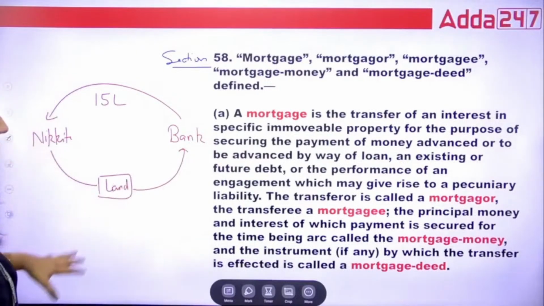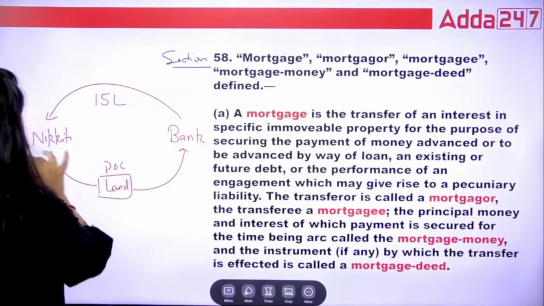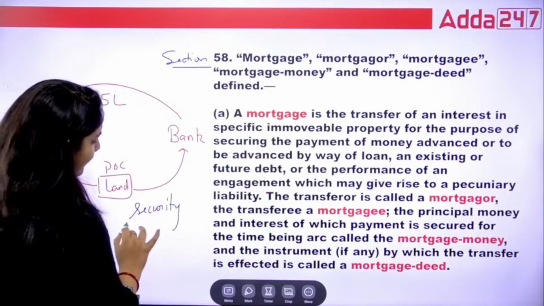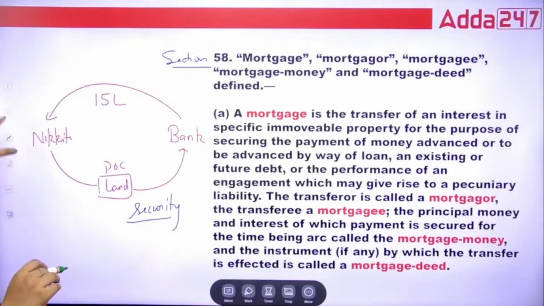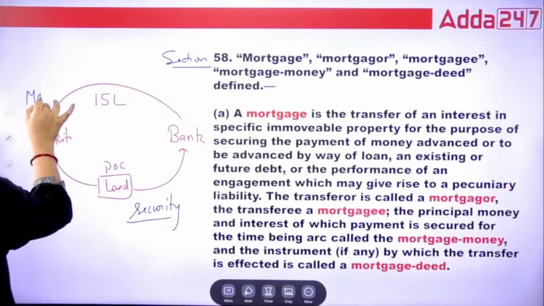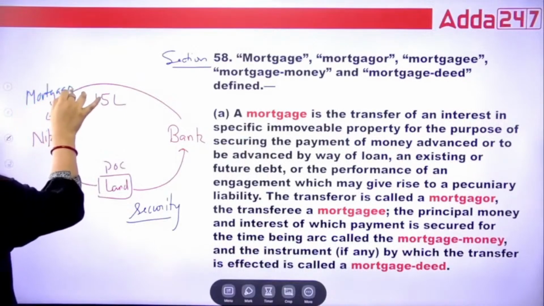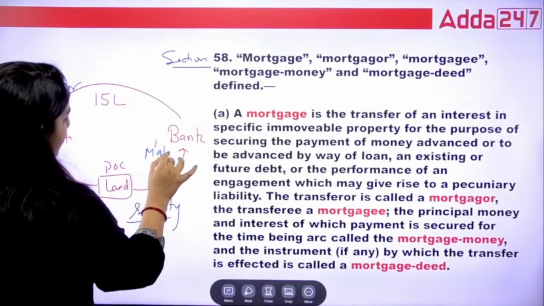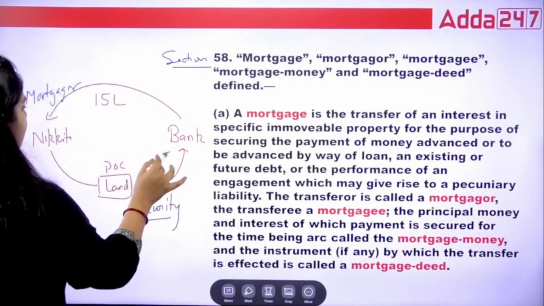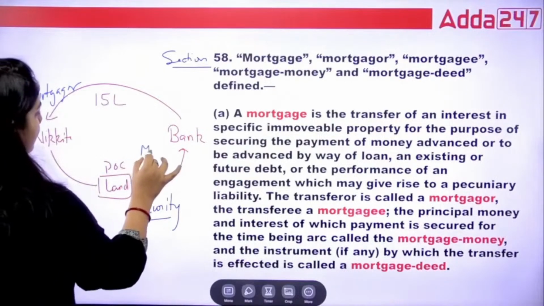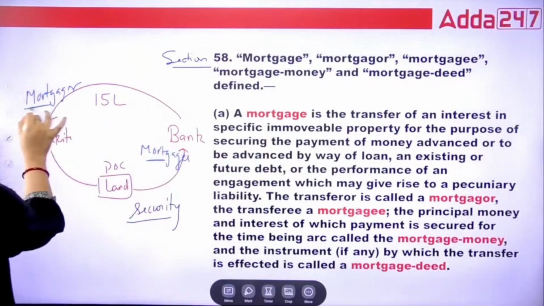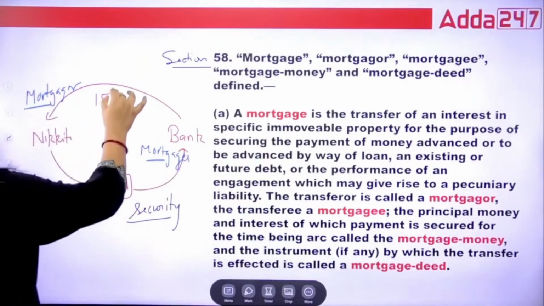So Nikita ma'am will give the document of the land as a security. So this land I have given to the bank as a security. In that case, Nikita ma'am is called mortgager. Bank is called mortgagee. This is your mortgage money.